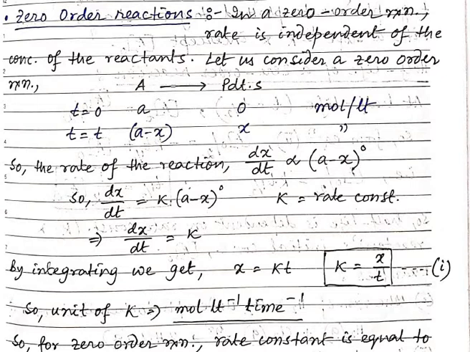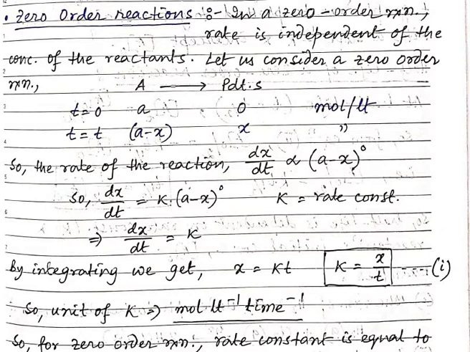But after some time t, suppose the amount of product is x mole per liter. So obviously the concentration of the product is x mole per liter, and at that time the amount of the reactant is a minus x mole per liter.